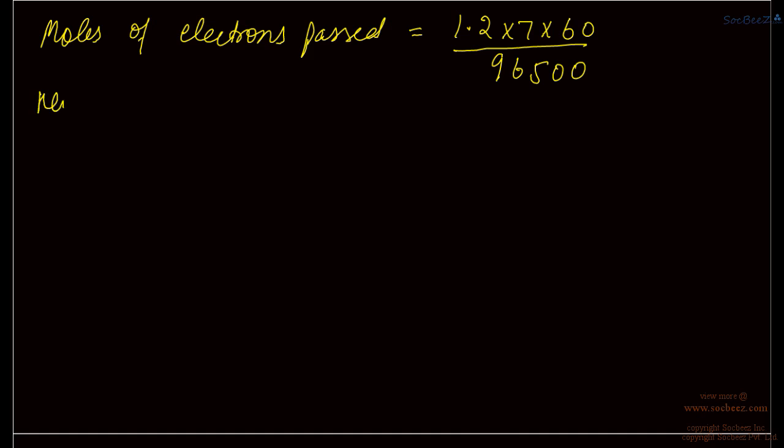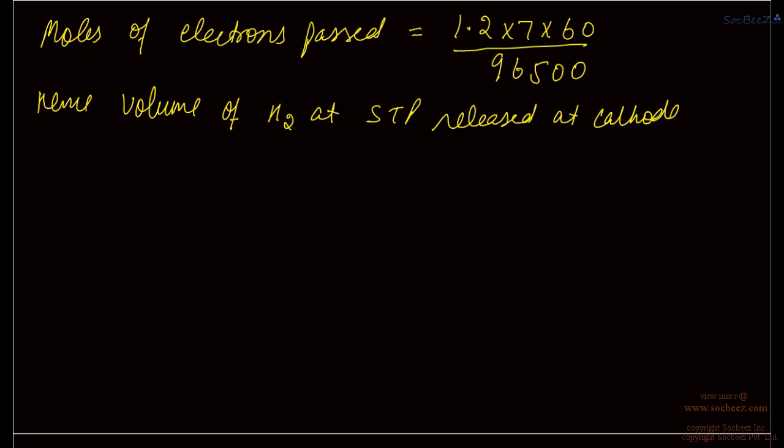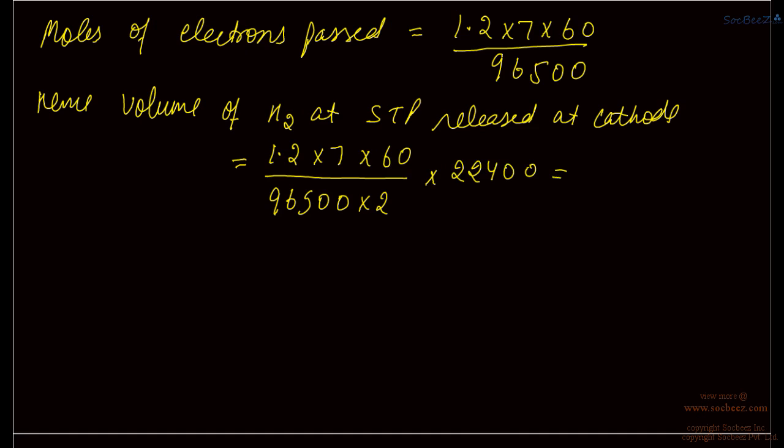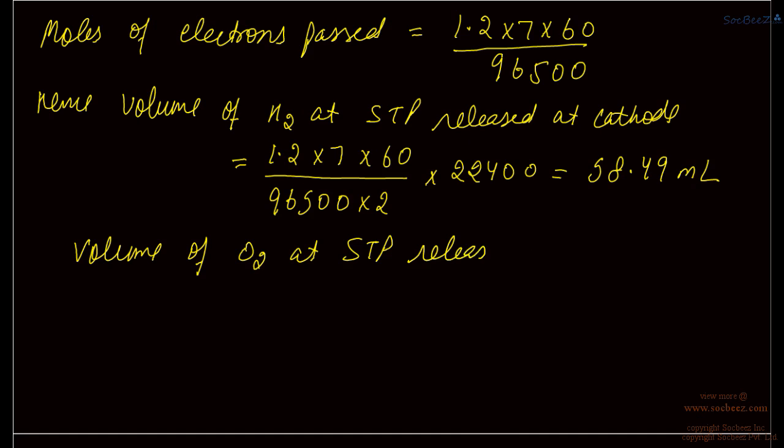So the volume of H2 at STP released at cathode equals 1.2 into 7 into 60 divided by 96500 into 22400, equals 58.49 milliliter.